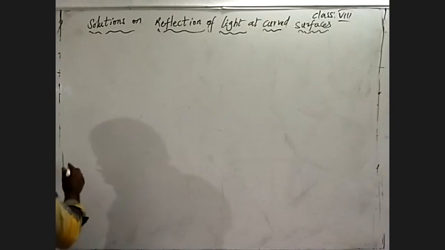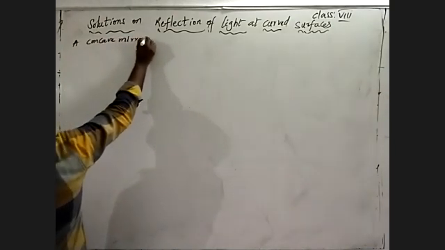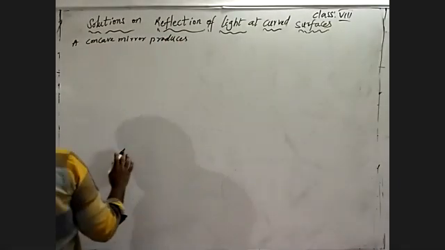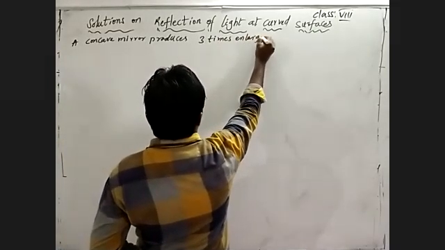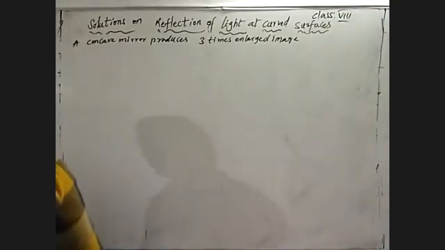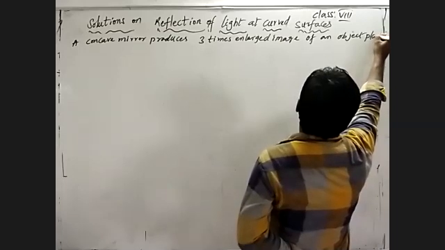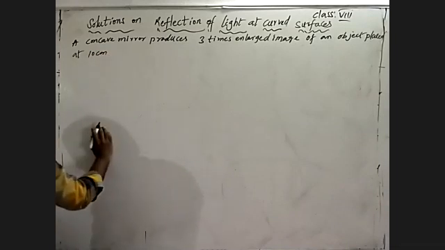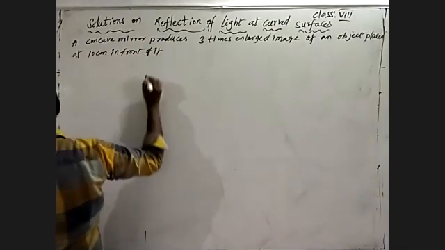A concave mirror produces a 3 times enlarged image of an object placed at 10 centimeter in front of it.